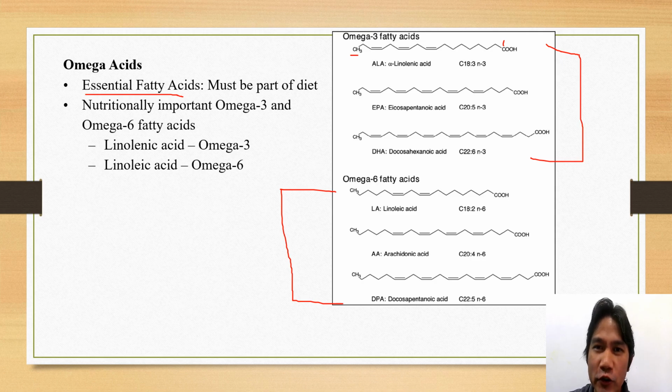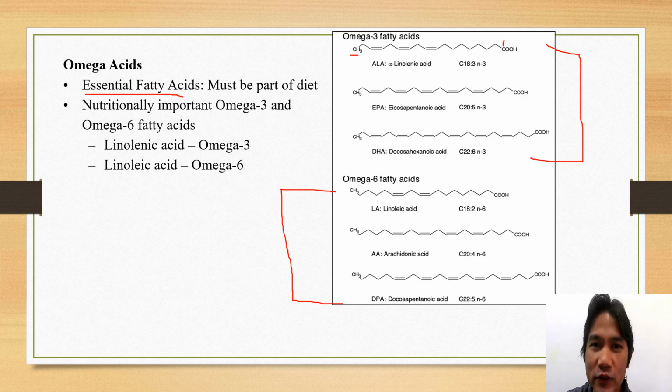Now, when you say omega-3 fatty acid, you will count beginning from the last, from the omega carbon. You count how many carbon atoms you encounter from the endmost carbon, from the omega end, from the omega tail.